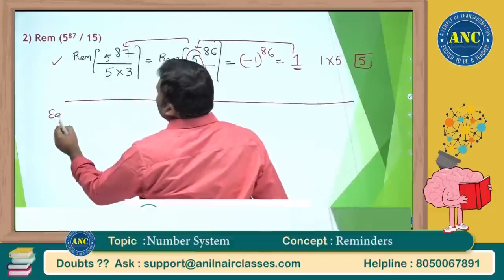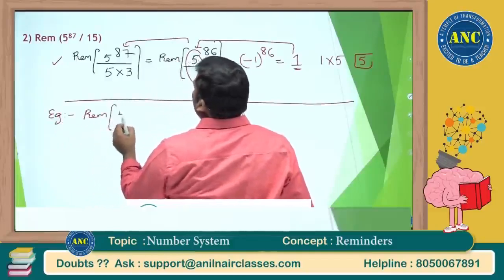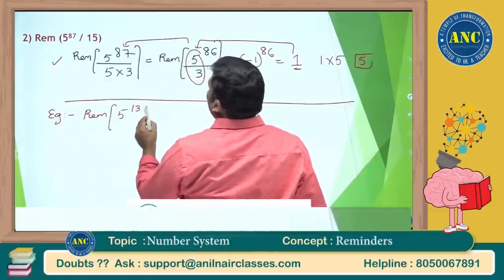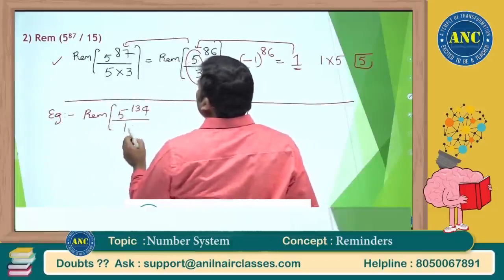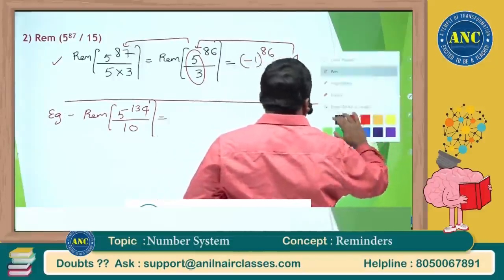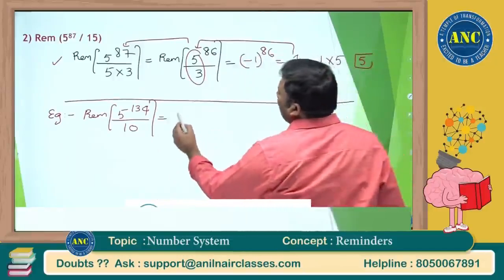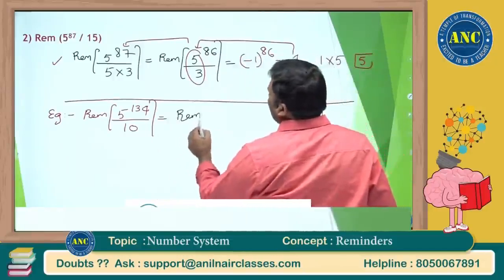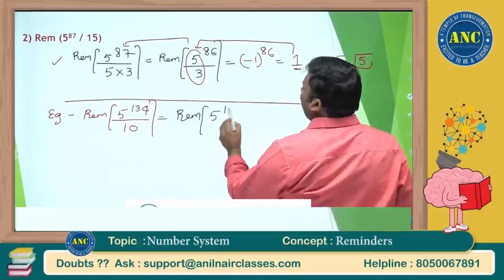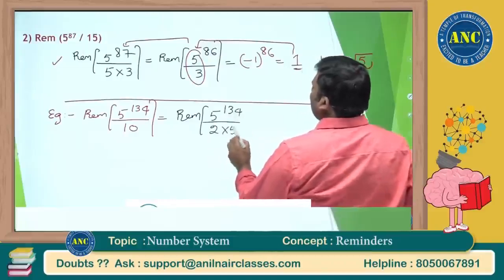Suppose, for example, the question is like this: remainder when 5 power 134 is divided by 10. One way to solve it: 10 is nothing but 2 into 5.